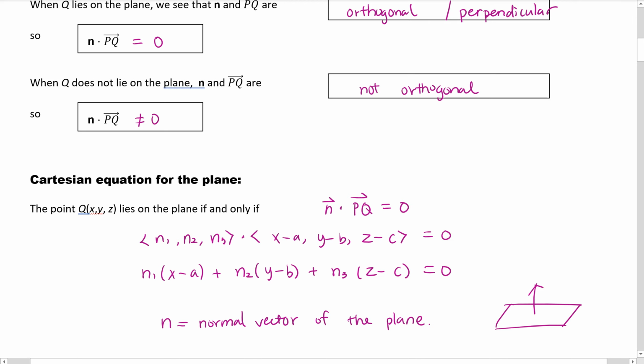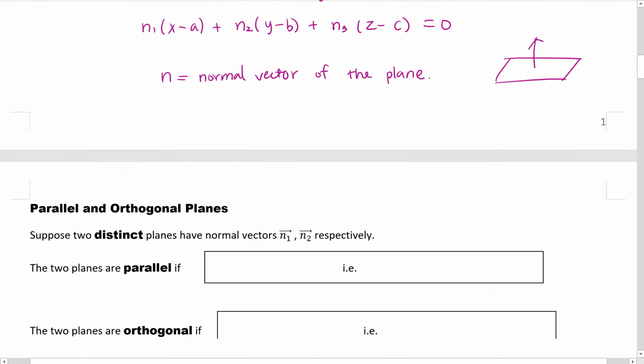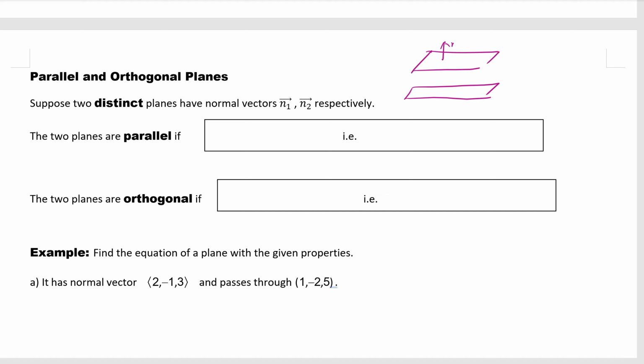Alright, let's continue. Parallel and orthogonal planes. Suppose two distinct planes have normal vectors n1 and n2 respectively. If two planes are parallel, what can you say? This is one plane, this is another plane, this is n1, this is n2.